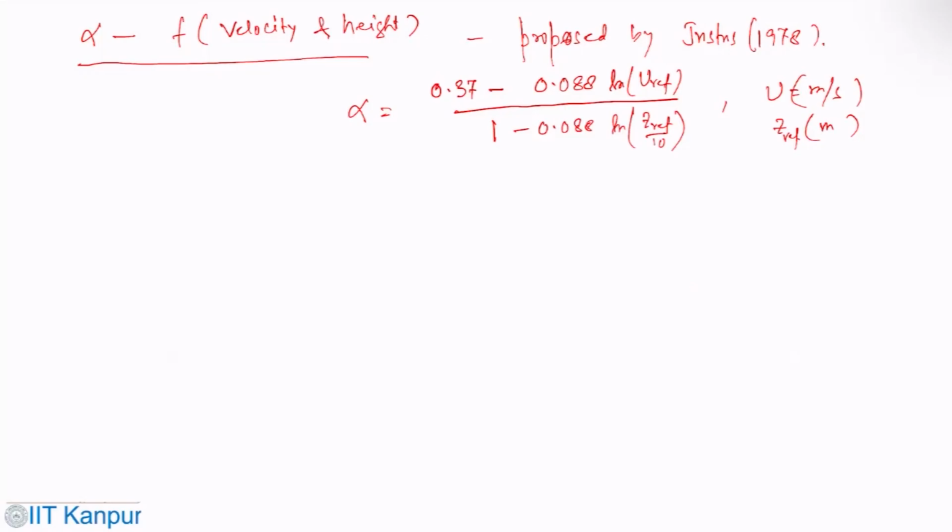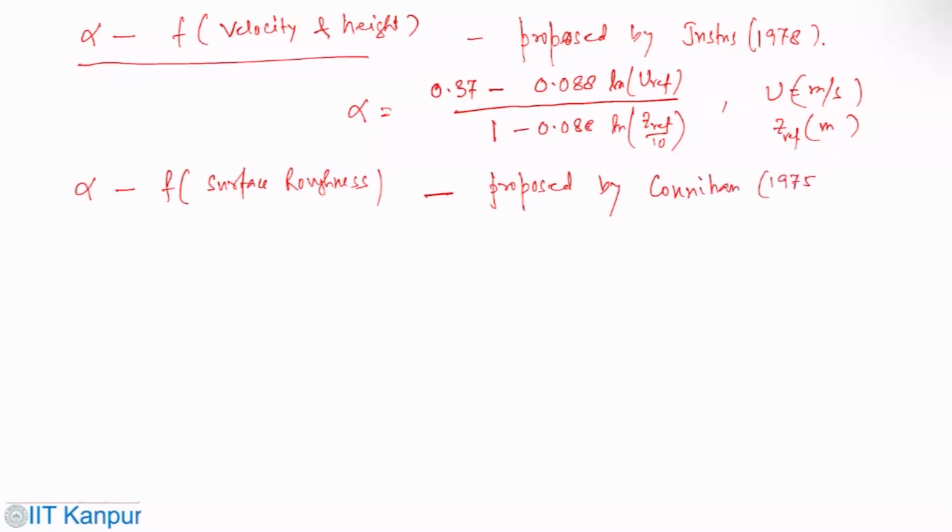Then there is a correlation based on the surface roughness. So alpha is a function of surface roughness. This was proposed by Counihan in 1975.